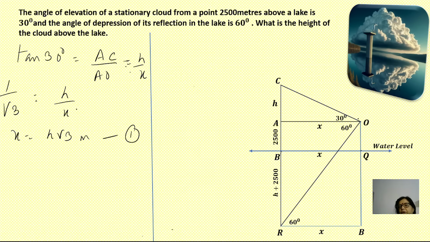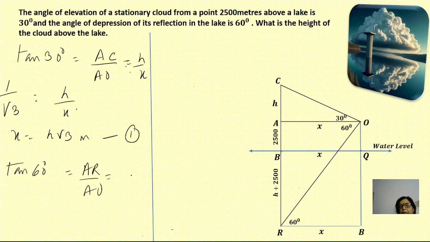Now we take this triangle AOR. From the triangle AOR, tan 60 degrees is equal to AR upon AO. This is the perpendicular and this is the base. Now if you look carefully, BR is H plus 2,500, AB is 2,500.